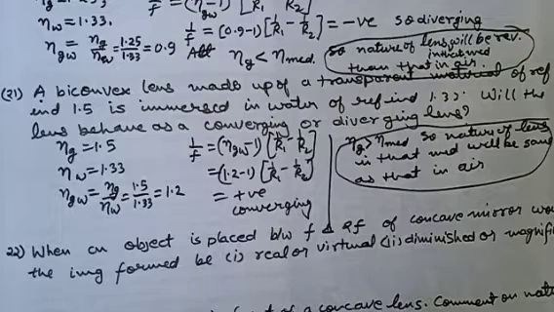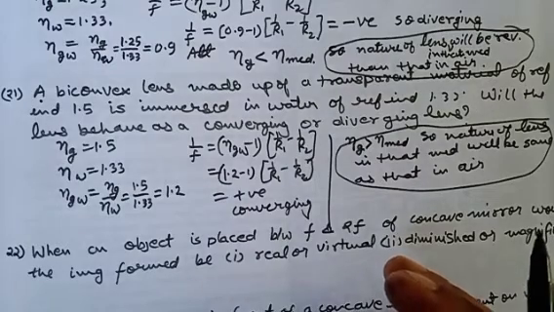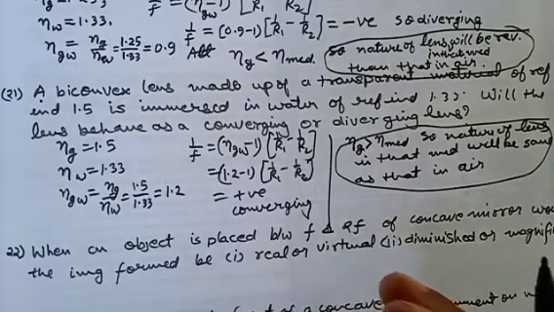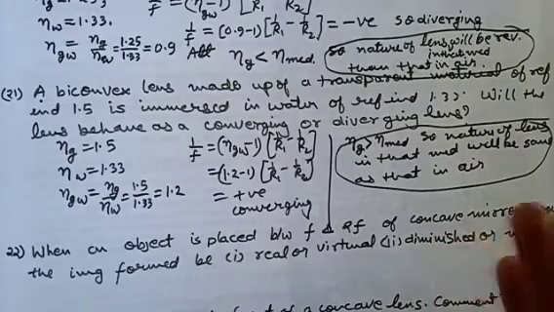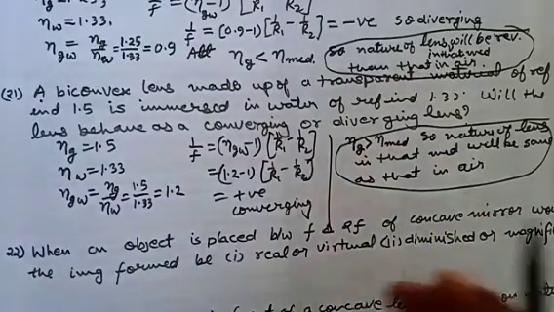If it is diverging in air, it will become converging in that denser medium, and vice versa. But if the medium is rarer than the glass medium of the lens, then its nature will remain the same as that in air.